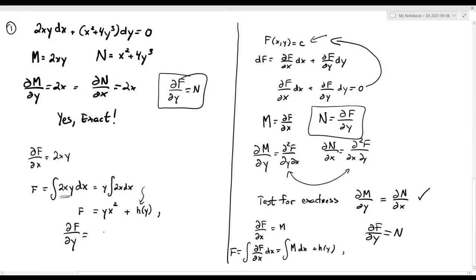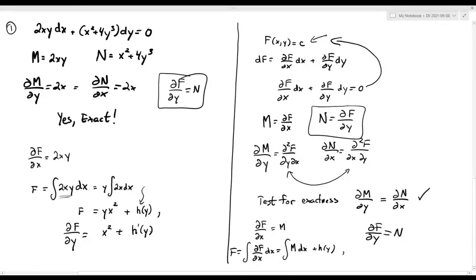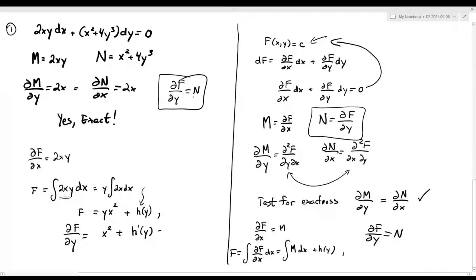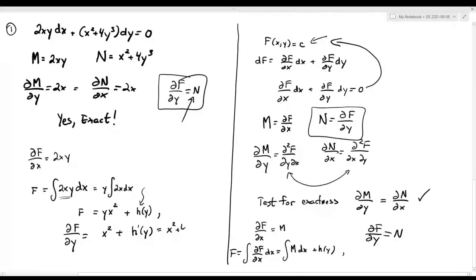So differentiate F with respect to y. You're going to get an h prime because h is just a function of variable y. I didn't have to write it that way, but it's understood that it's a derivative with respect to y. And that should be equal to n, where n is x squared plus 4y cubed.